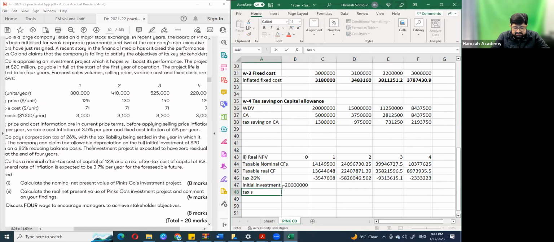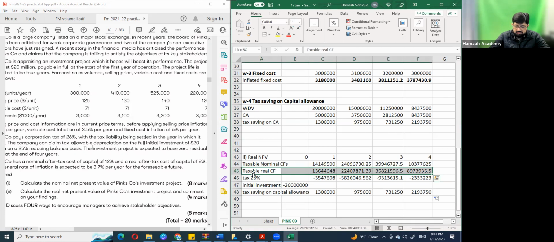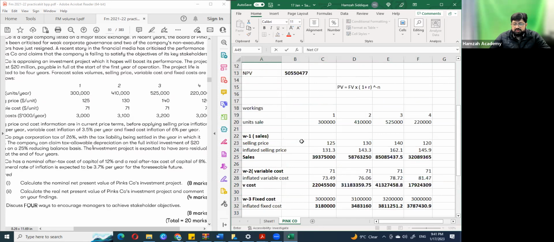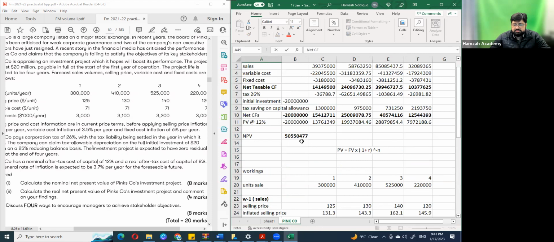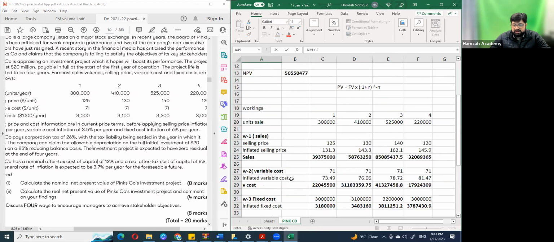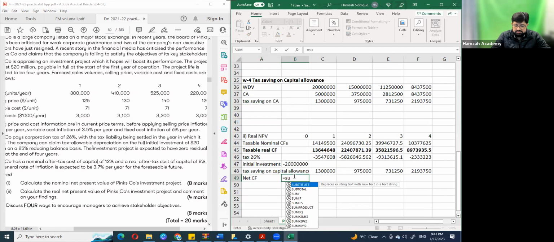And then tax saving on capital allowance. Same. Net cash flows. Any other adjustment? Yes. Net cash flows. Sum from here to here.